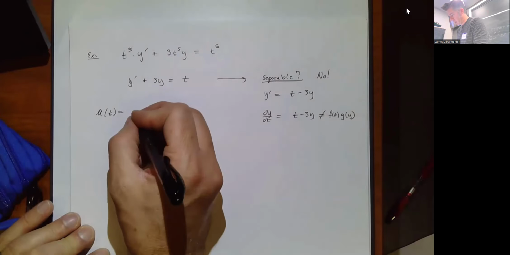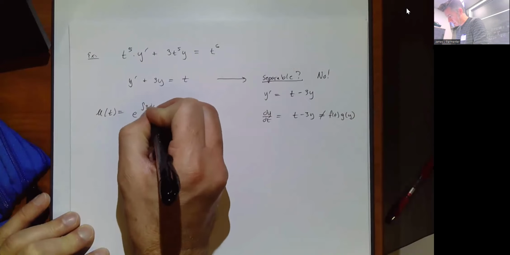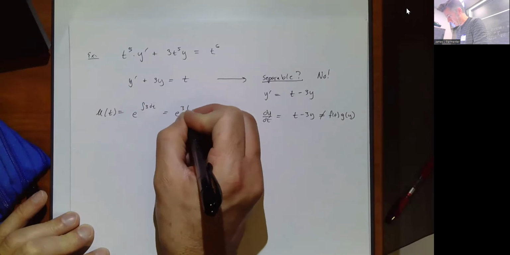All right, should be getting e to the integral of 3 dt, which is just e to the 3t.